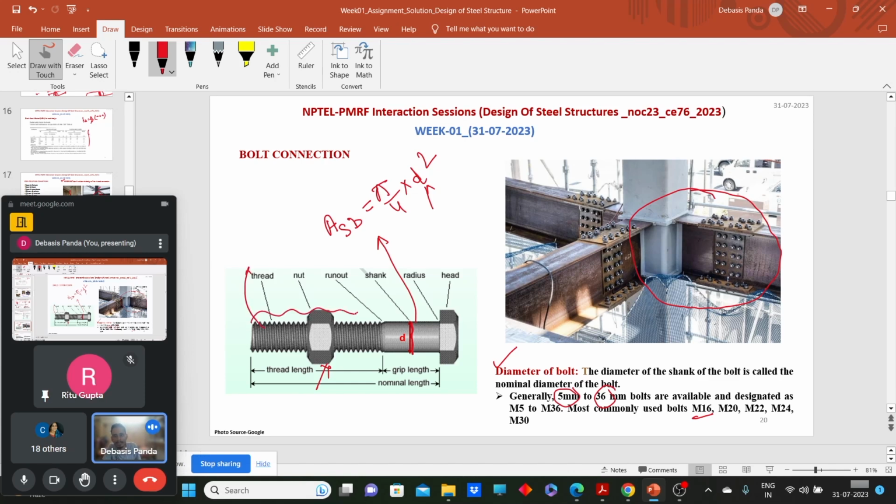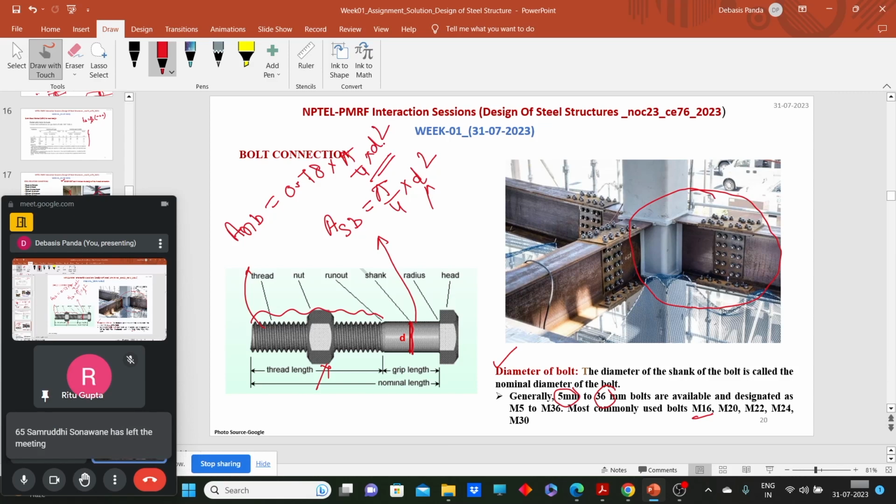Obviously, for the root portion the area will be less. We call this the net area of the bolt, or the root area of the bolt. Our code says for this root part, you can take the cross-sectional area as 0.78 into pi by 4 into d squared.